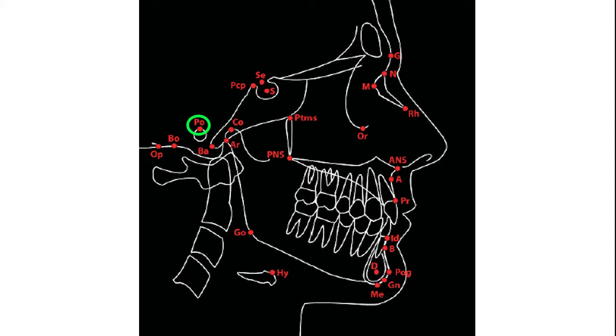The next is porion, the very famous point, and can be abbreviated as PO. The anatomical porion is the most superior point of the outline of the external auditory meatus. It is actually a bilateral structure.